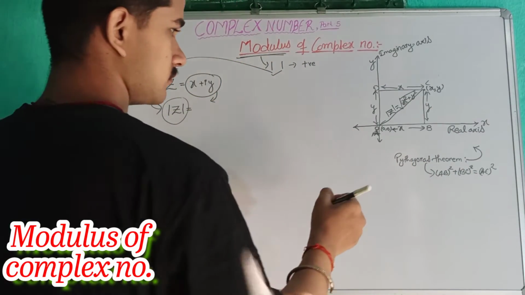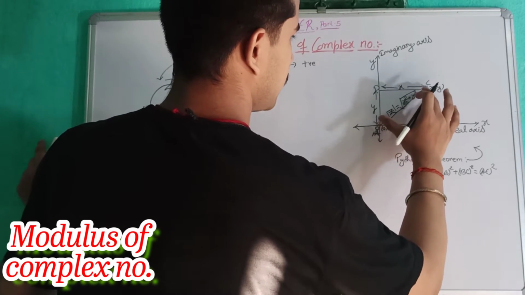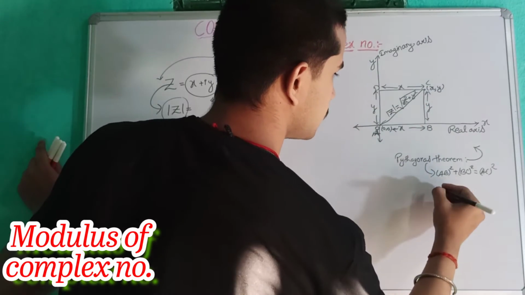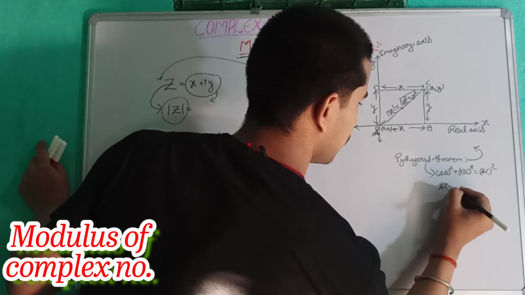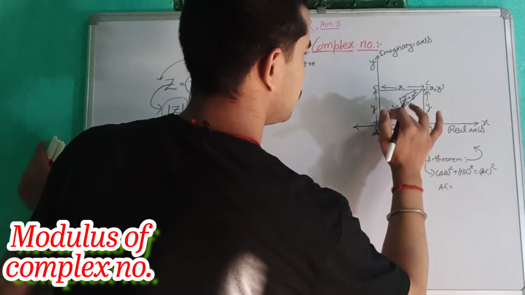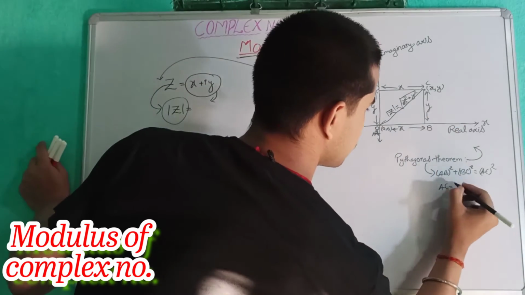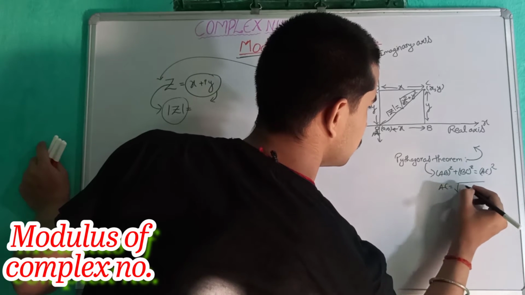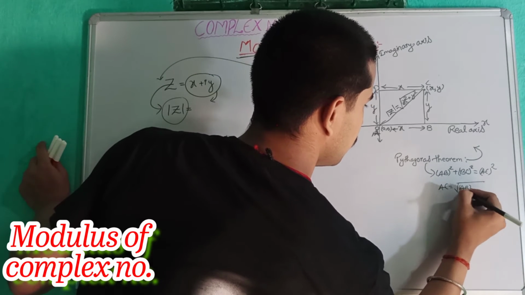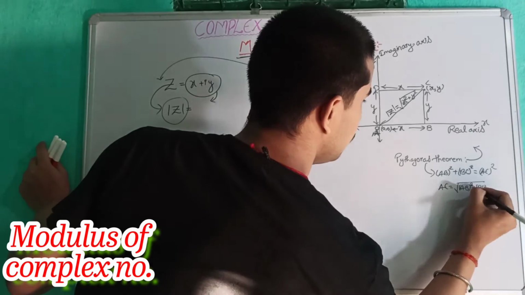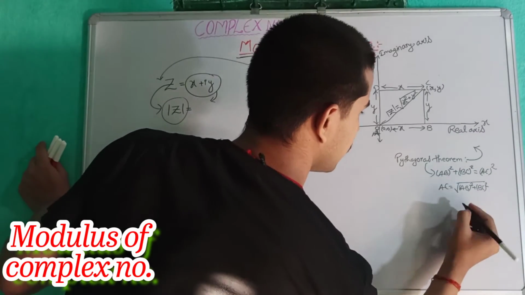And how will we try to find out its distance? The distance will be something like, if we have to find out AC, the distance AC, then we can say under root AB whole square plus BC whole square. What is the distance of AB?